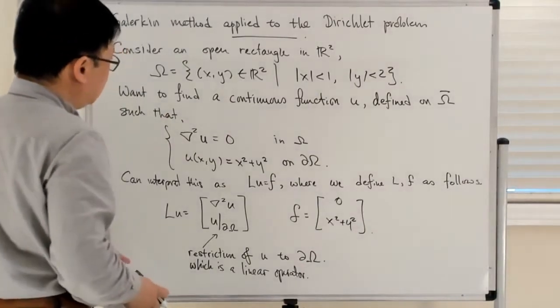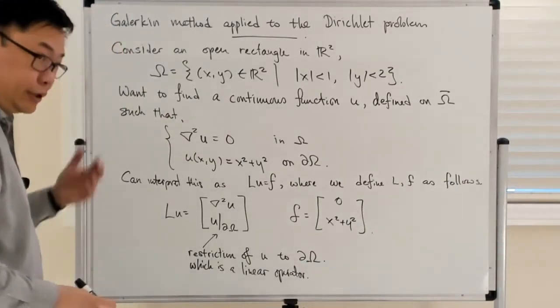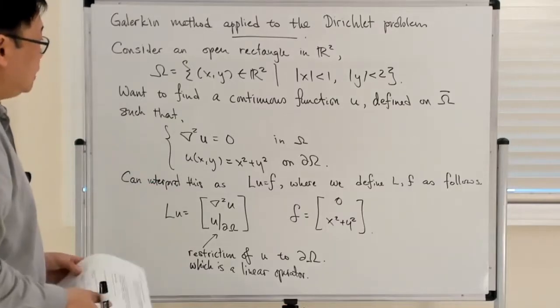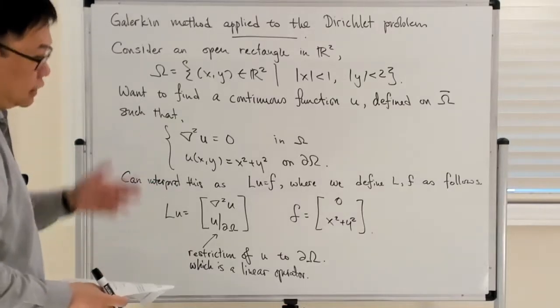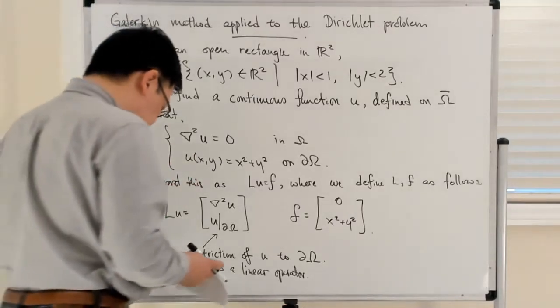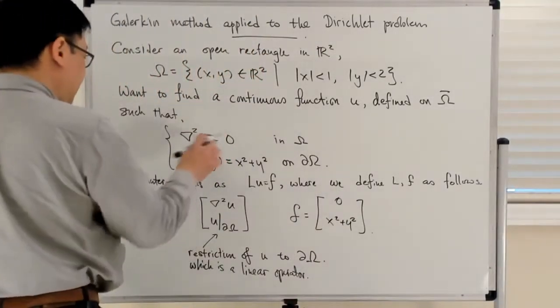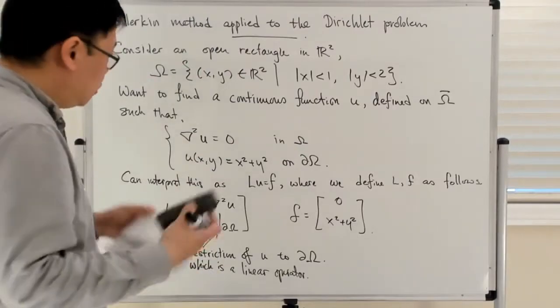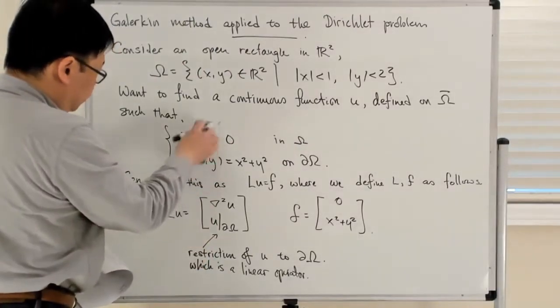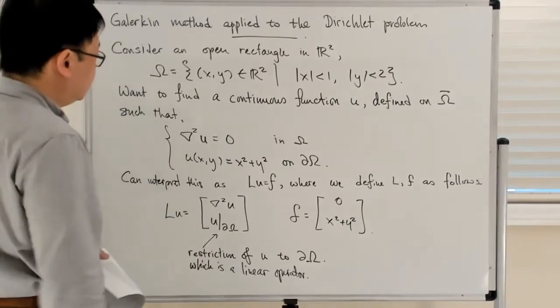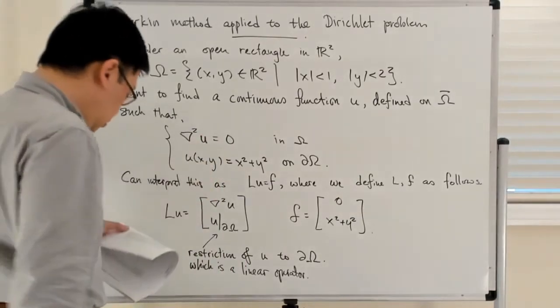So in order to construct a Galerkin discretization of this, what you want then is to choose a set of trial spaces, basis functions for expanding the solution, or for considering candidate solutions to u.